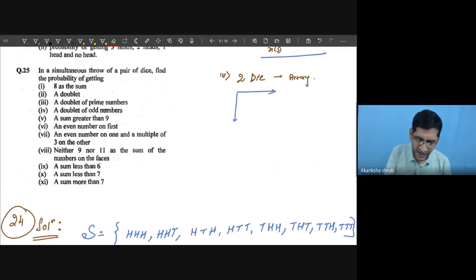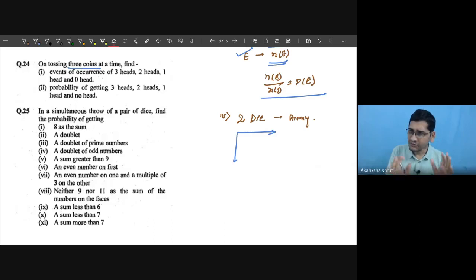Next, after this, you shall search for the event. Here, the event is given part-wise. So in part 1, the event of occurrence of 3 heads, 2 heads, 1 head and 0 heads. Even the part 1 itself contains 4 conditions.